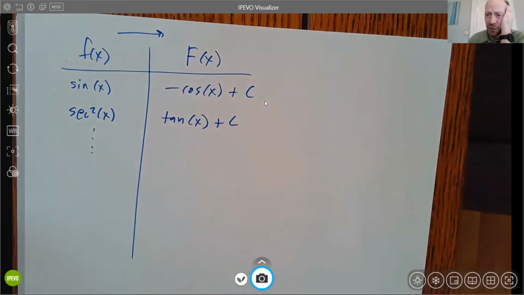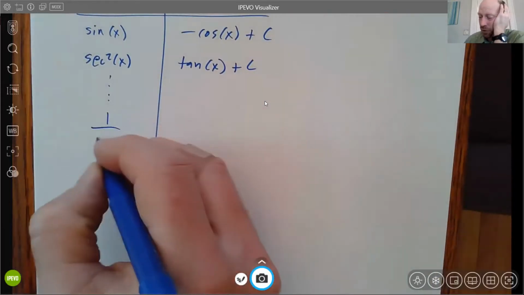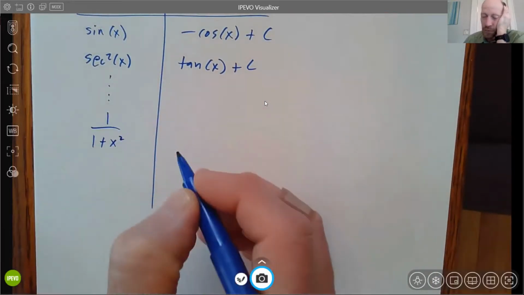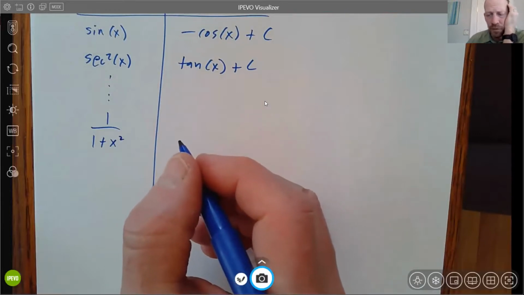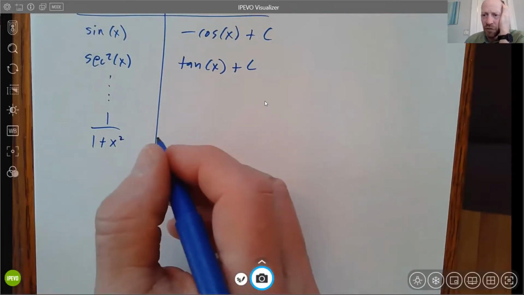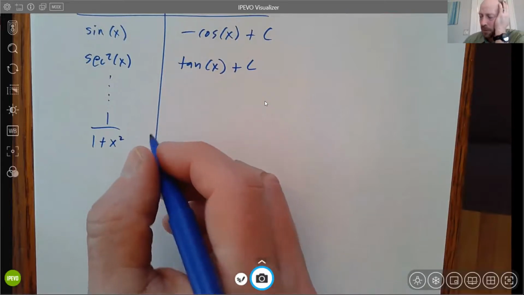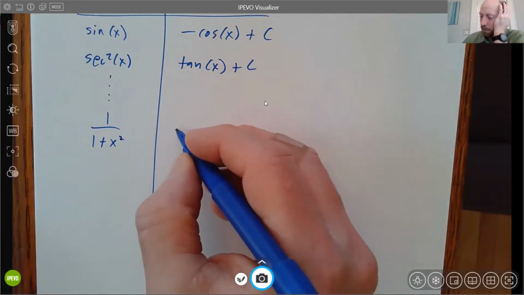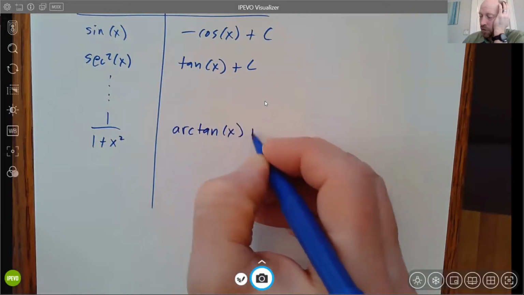There's a whole list in your book, but I did want to make mention especially of this one. Do you remember the function whose derivative is 1 over 1 plus x squared? That's arctangent.